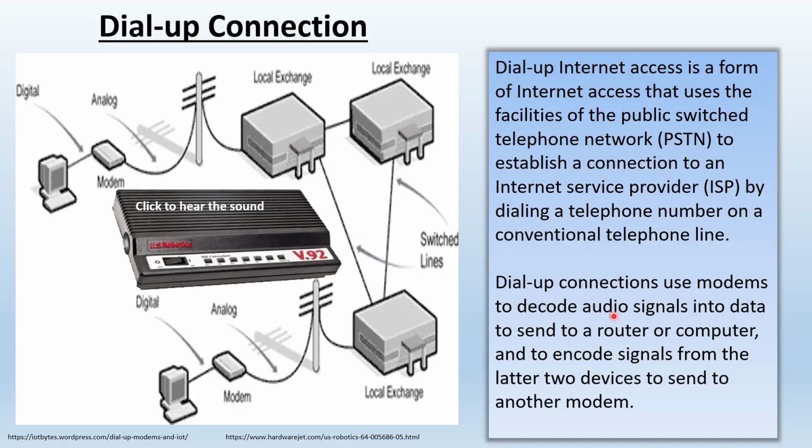So the communication happens through the audio signal frequencies that are encoded in certain ways, so they can be interpreted on the other side by something that understands that frequency language into data to send to the router, computer, and to encode signals from other devices. Okay, it's a bit of a mess here.